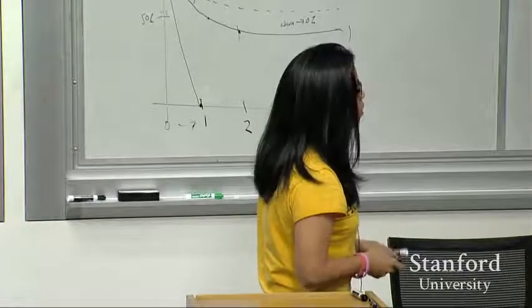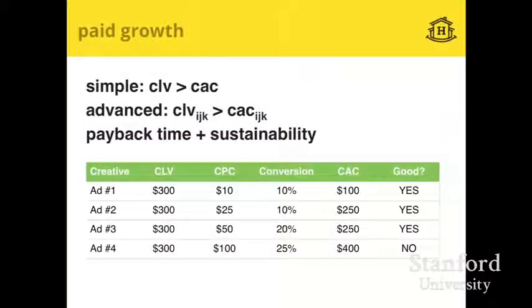So the last point is on payback time and sustainability. I think a lot of businesses get in trouble and it turns into a bad business when they start spending beyond their means. And it has a lot to do with risk tolerance, how much risk you're willing to take on.